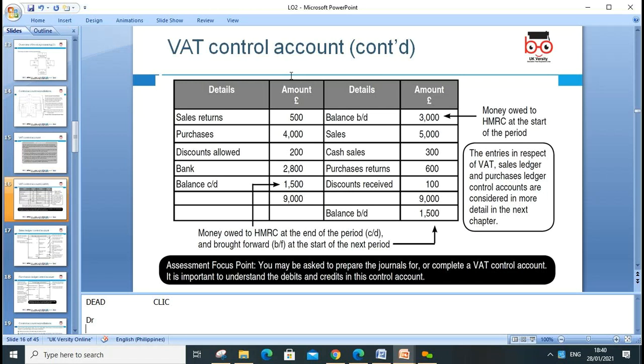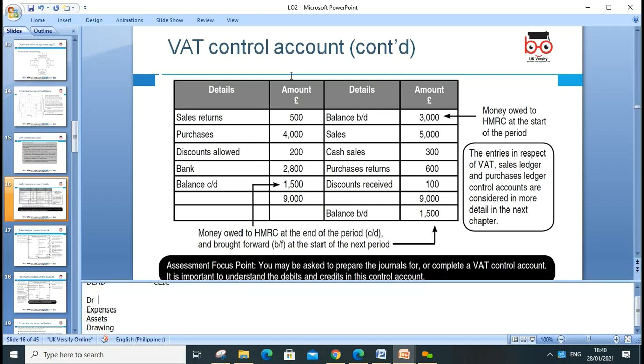D is debit: E is expense, A is assets, and D is drawings. Then we said CLICK, what does it represent? The word CLICK shows C is credit. Income. Excellent, well done. I is income. Liability. Excellent, well done. Liabilities.